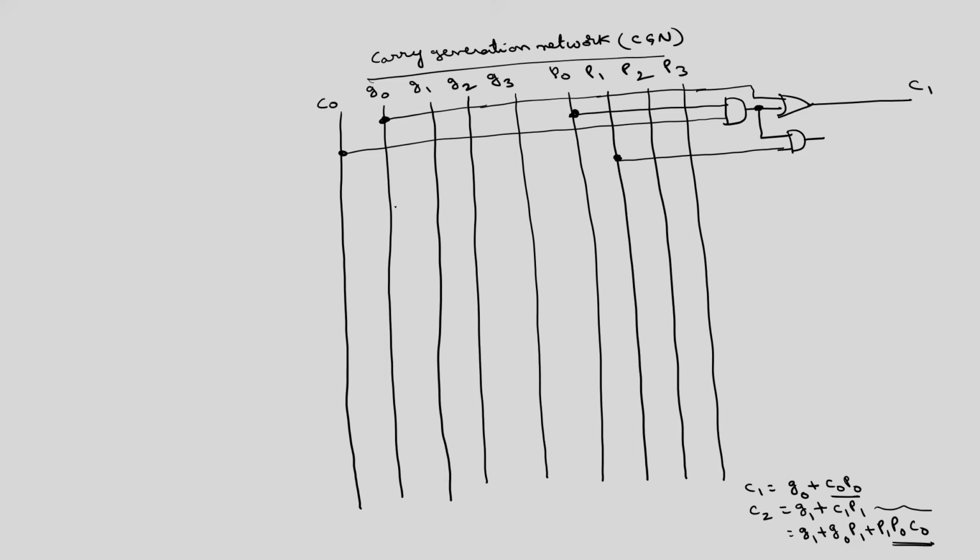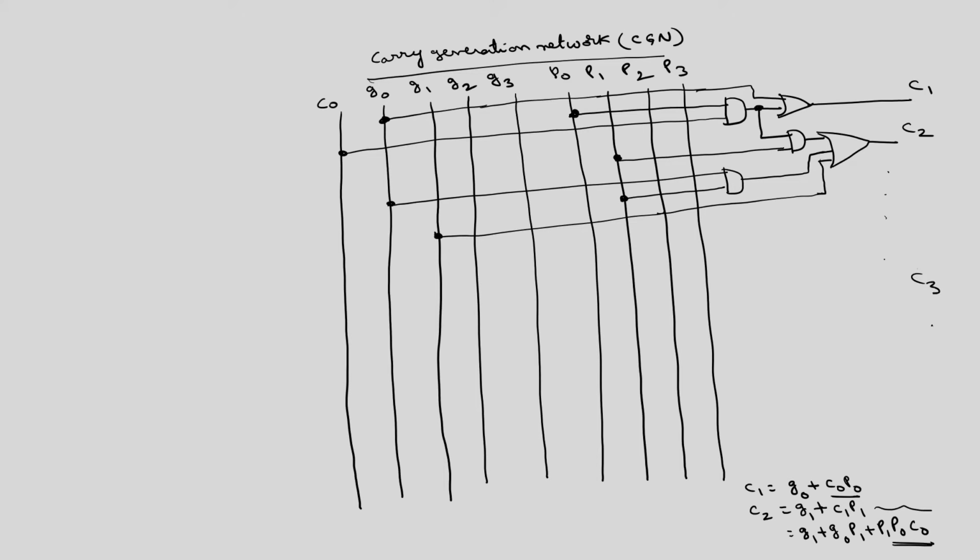Then G naught P1, this is G naught P1, the second term is generated, then G1. So, if you OR these three, you will get C2. Similarly, you can generate C3 and C4 using logic gates.